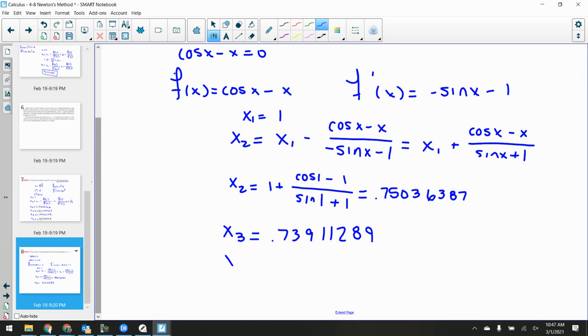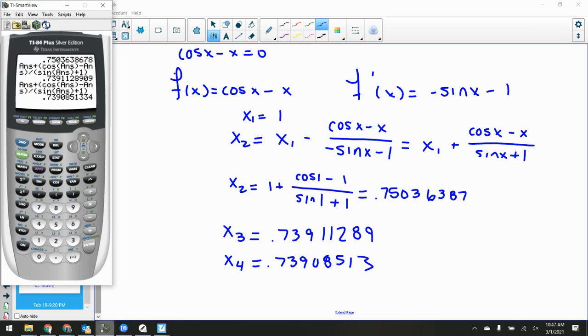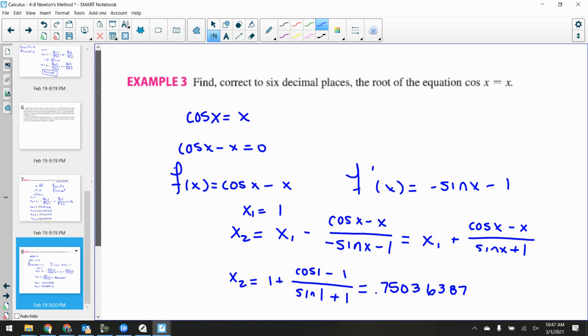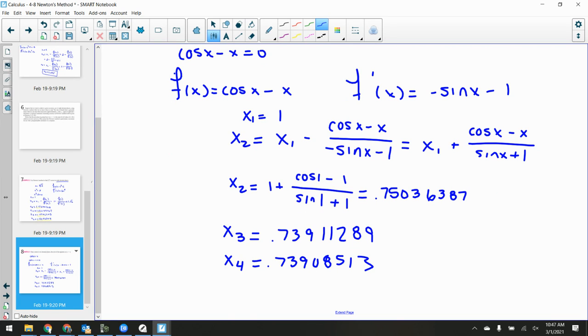0.7. x4 is 0.739085513. I'm correct to 3 decimal places. So let's run it again. I need to get to 6, right? To 6 decimal places.